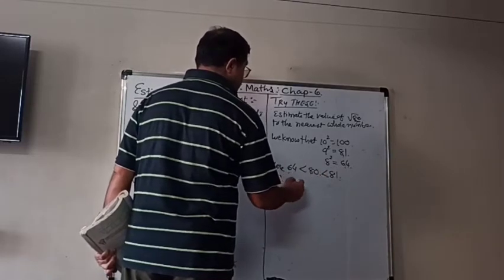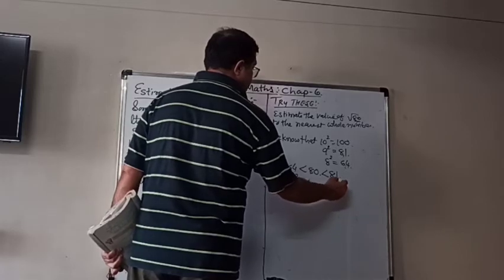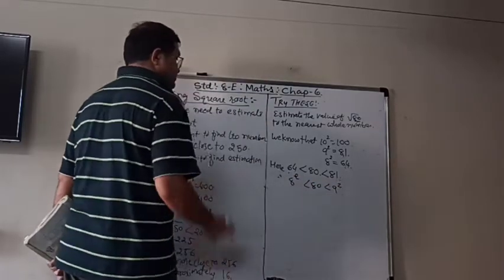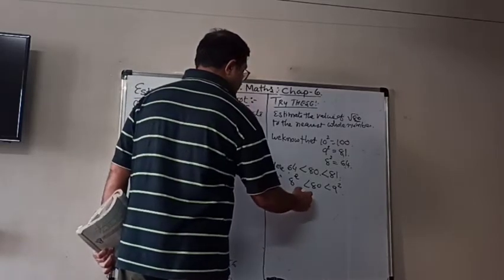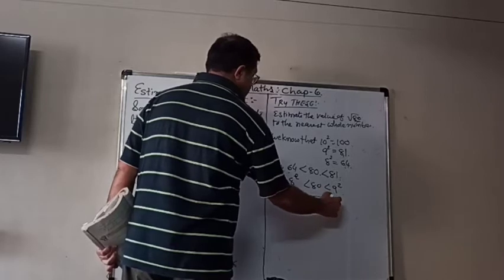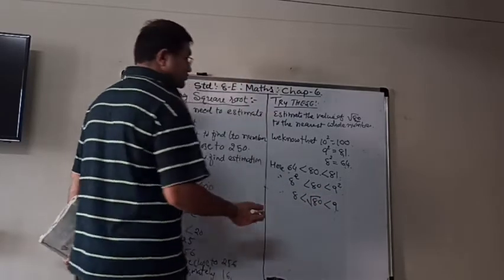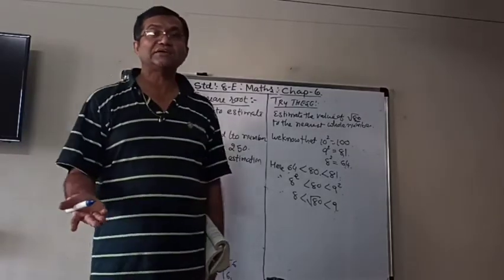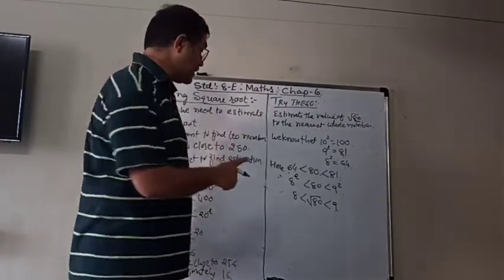What is 64? It is 8 square. And 81 is 9 square. If you remove the square, then you can say that 8 is less than the square root of 80, which is less than 9. So now you can see that the square root of 80 is between 8 and 9.